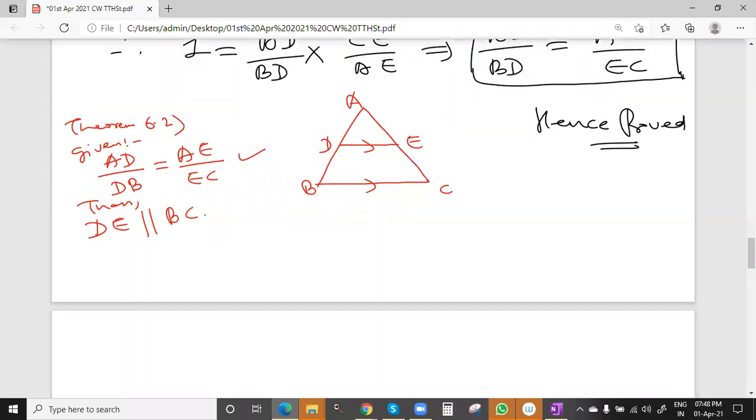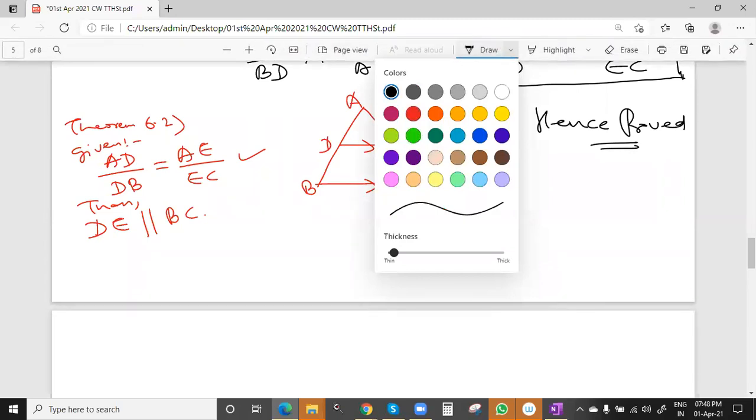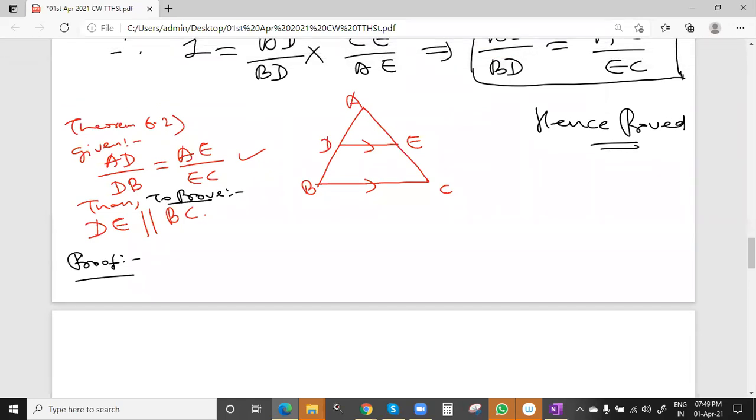What is the proof here? A simple proof we can have. This is basically given, then to prove. So we can have the proof in one or two lines. See, what is the proof? Suppose we have to prove DE is parallel to BC, and given AD by BD equal to AE by EC.